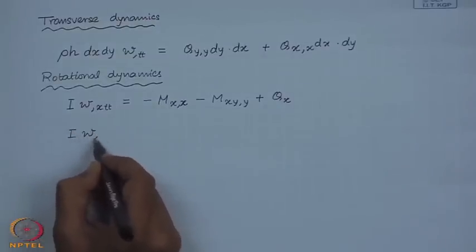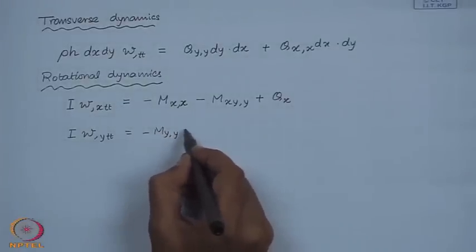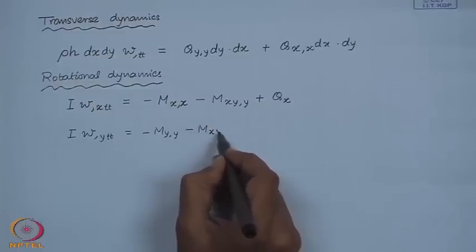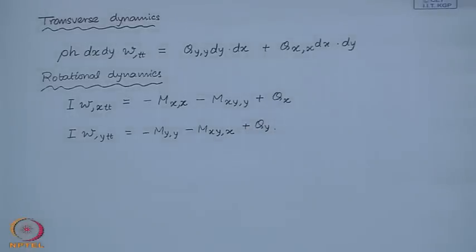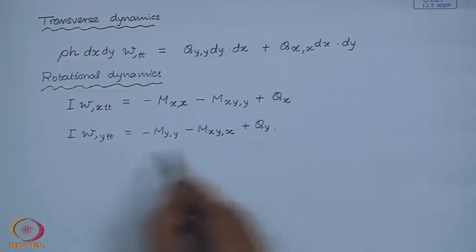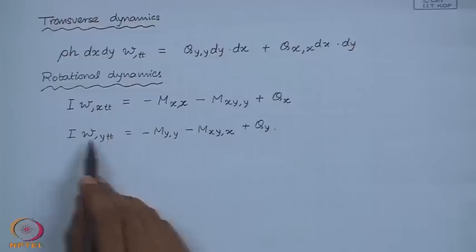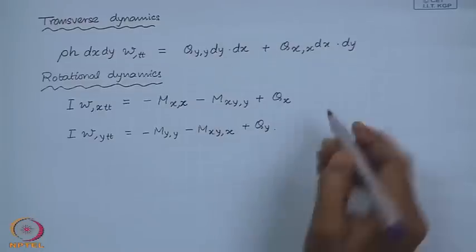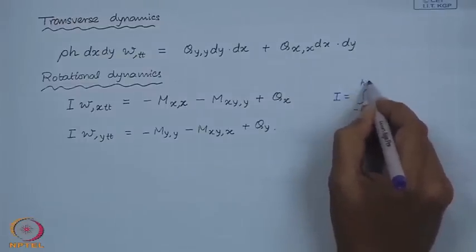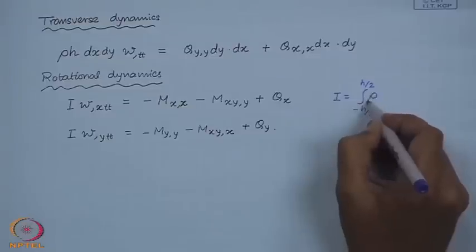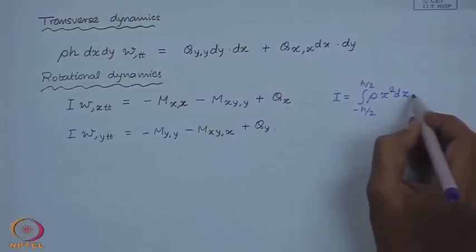Similarly, you can write down the rotational dynamics about the x axis, where I is the moment of inertia per unit area.